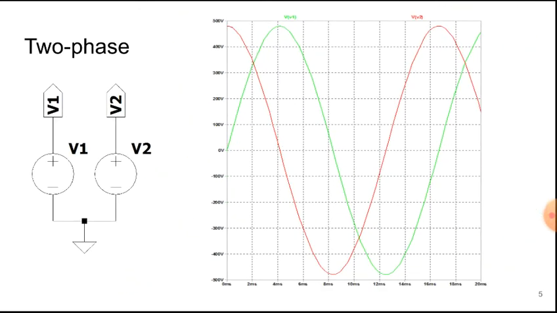That's why two-phase is a special case. But it's still considered a polyphase system, because the times they reach their peak values do not occur at the same time. That's the very basic definition of a polyphase system.